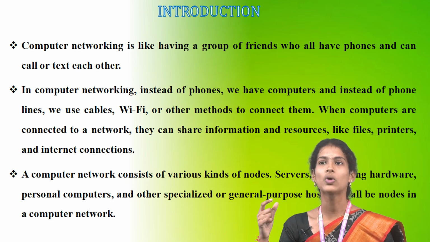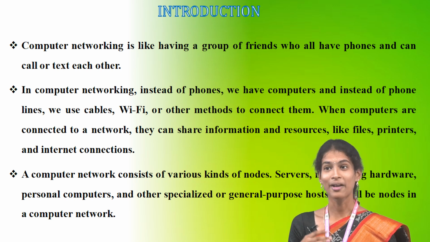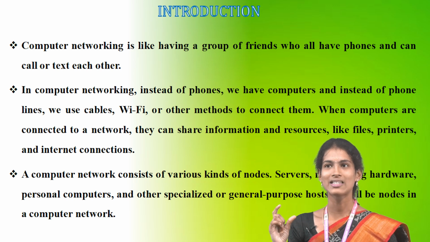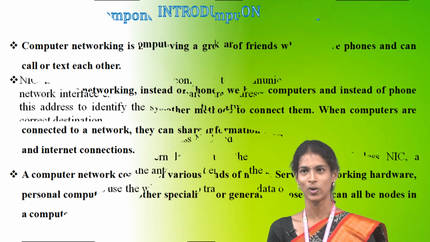This allows them to communicate with each other quickly and easily, just like friends talking on the phones. A computer network consists of various kinds of nodes. Servers, networking hardware, personal computers, and other specialized general-purpose hosts can all be nodes in a computer network.